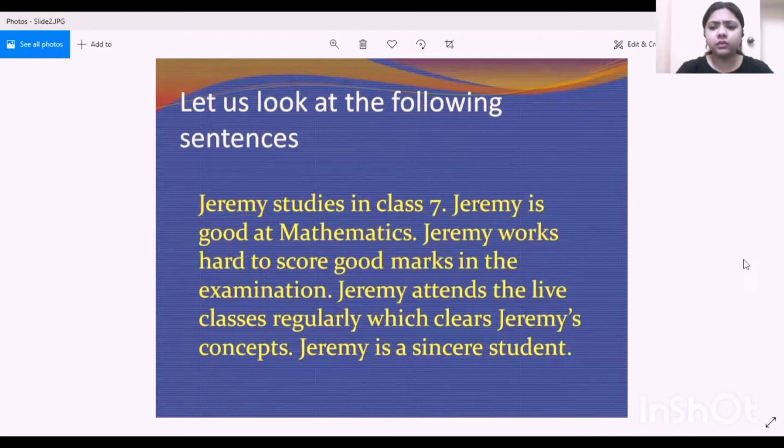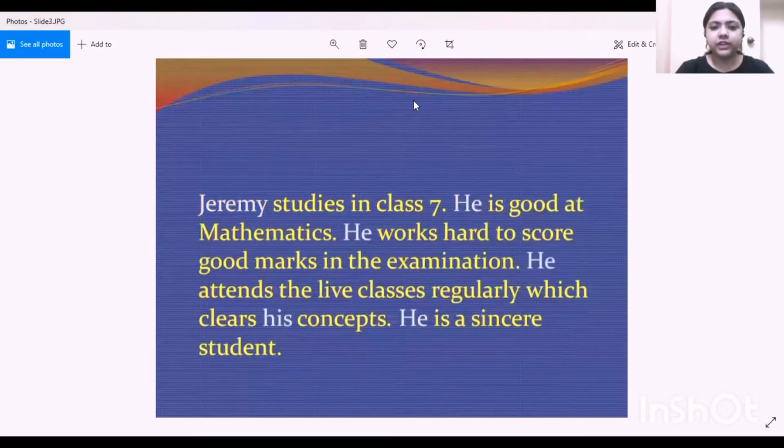So, in order to avoid such a situation, we will read it again in a different manner, without changing the meaning. Jeremy studies in class 7. He is good at mathematics. He works hard to score good marks in the examination. He attends the live classes regularly, which clears his concepts. He is a sincere student.